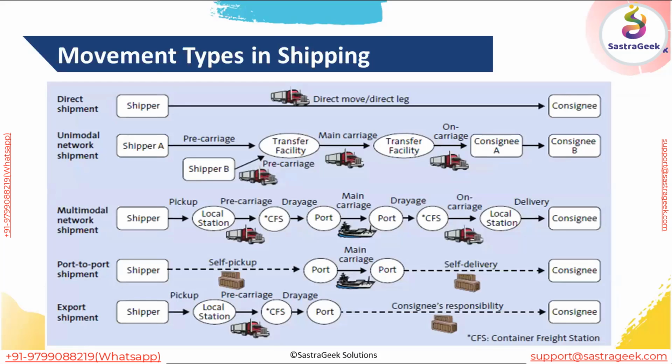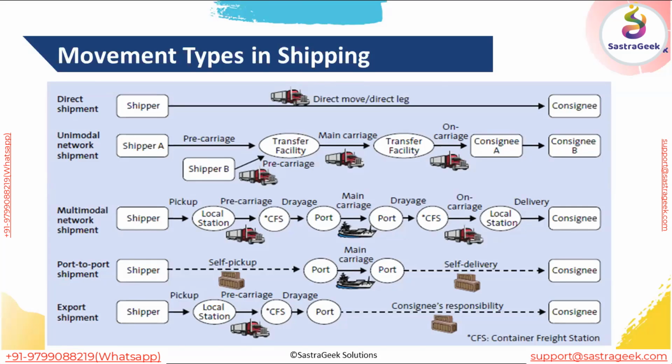Then the second is the unimodal network shipment. It consolidates the freight from various shippers, say shipper A, shipper B. It comes to a transit facility.